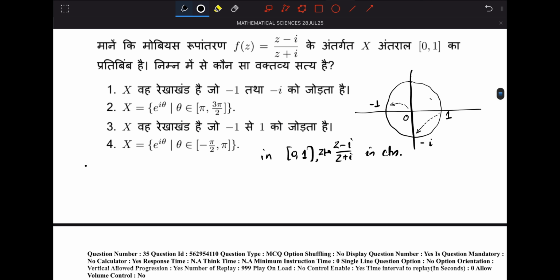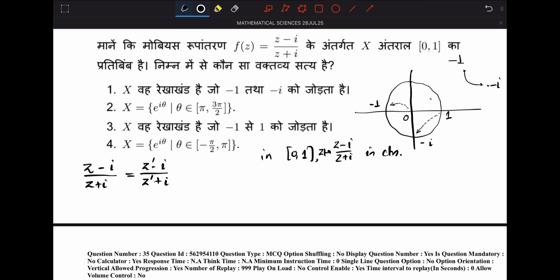Now I want to check: can we cross a single point twice or thrice? That means we have to check the injectivity of the map. The curve joining minus 1 to minus i can happen like this.